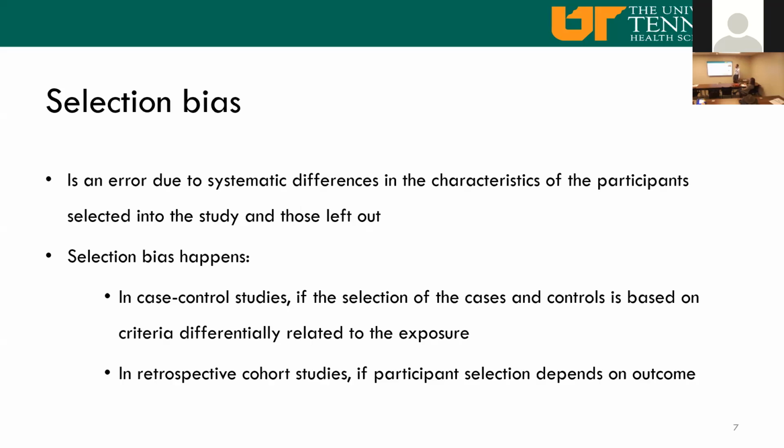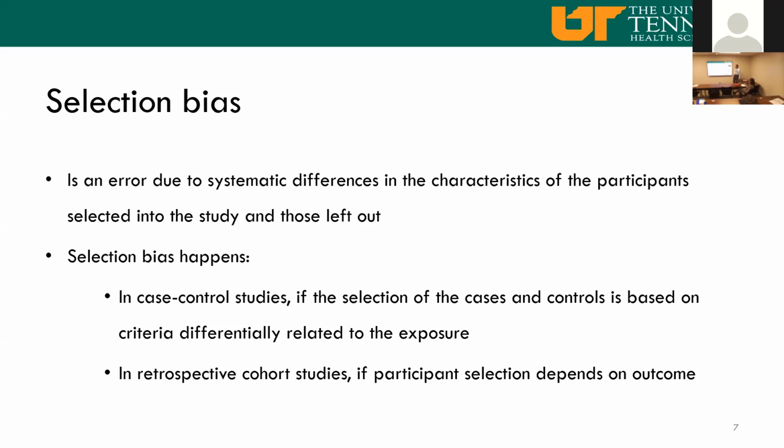Selection bias is a systematic error due to systematic differences in the characteristics of the participants selected into the study and those who are left out. It happens in case-control studies if the selection of cases and controls depends on different criteria related to the exposure.